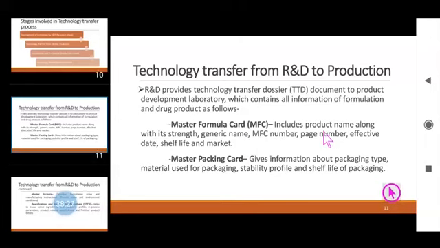It includes the product name along with its strains, generic name, MFC number, page number, effective date, shelf life, and market. Another thing is the master packing card, which gives information about packaging type, material used for packaging, stability profile, and shelf life of packaging.